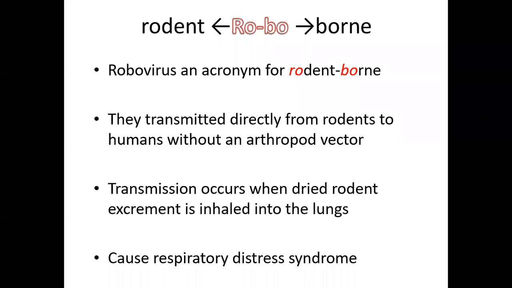So it is just the opposite of the arbovirus, in which the vector was present, but in the robovirus the vector is absent. The transmission occurs when dried rodent excrement or waste material is inhaled into the lungs. So this causes respiratory distress syndrome.